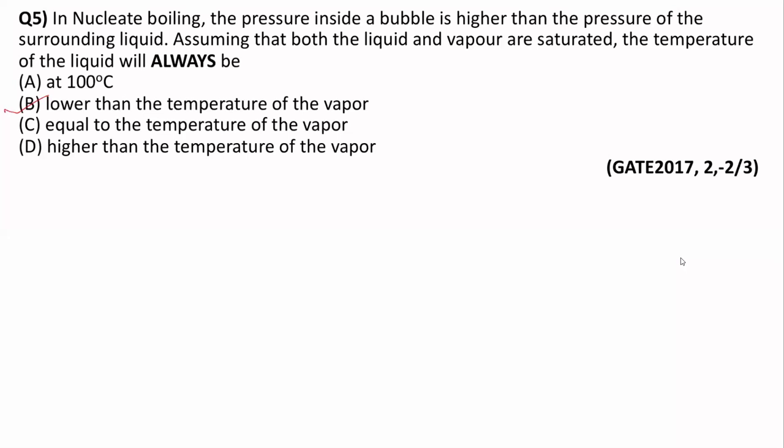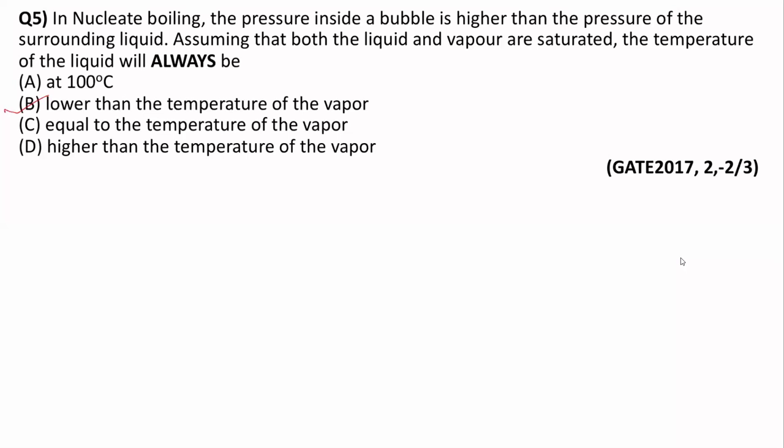So what you are essentially trying to say is Antoine's equation. Whenever you have some liquid which vaporizes and they are at saturated pressures, to calculate the saturated pressure we use Antoine's equation, which says that saturated pressure is directly proportional to temperature, and it's inside a log.